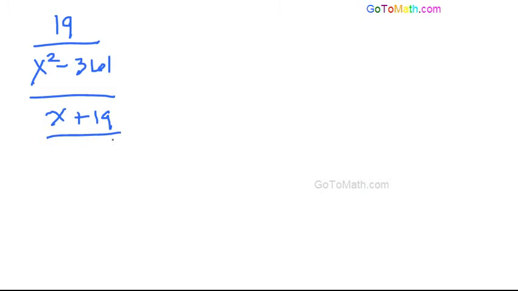So we have 19 over x squared minus 361, and that's all over x plus 19 and x minus 19, it looks like. Alright, so we're going to rewrite this.